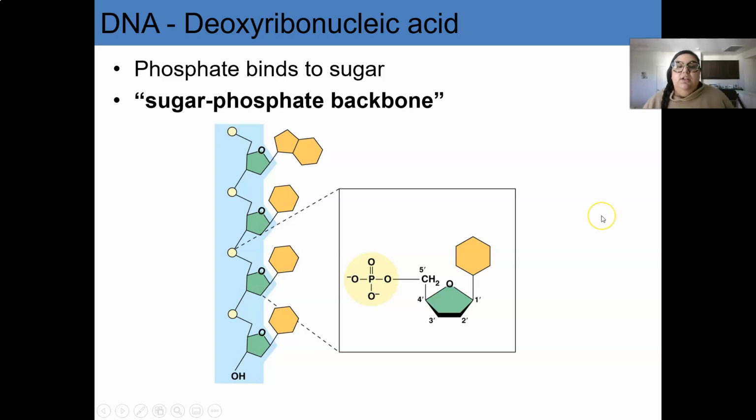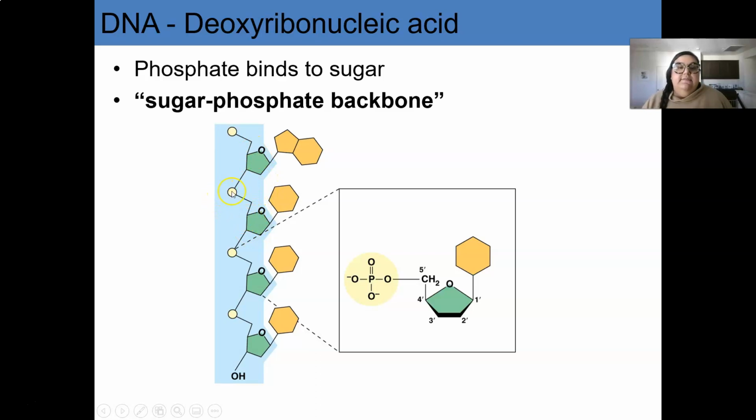So let's look a little bit closer at the structure of DNA. To build DNA, we need a DNA backbone, and it is made up of a sugar phosphate backbone. We talked about the nitrogenous base, the orange structure. So let's talk about the yellow and the green structure, the phosphate and the sugar. The phosphate and sugar combine with the phosphate and sugar of other nucleotides and form this backbone.